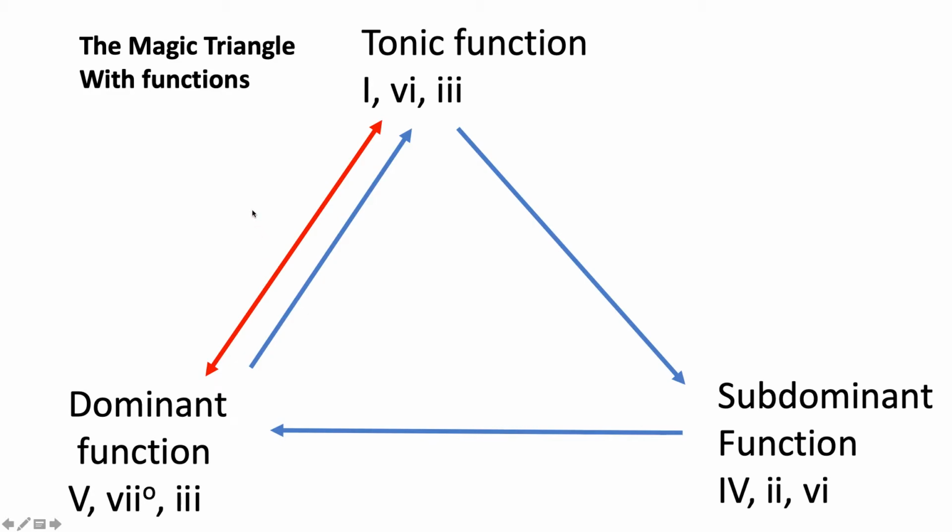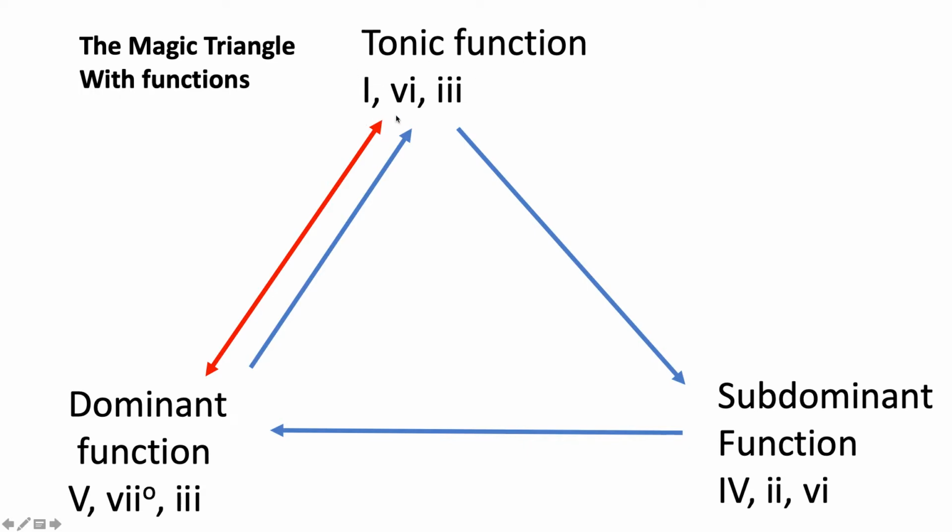And what we can say is that if a chord shares 2 notes with the chord of the chord area, then it can function as a substitute for that chord area. So for instance, we've got chord 1 here.